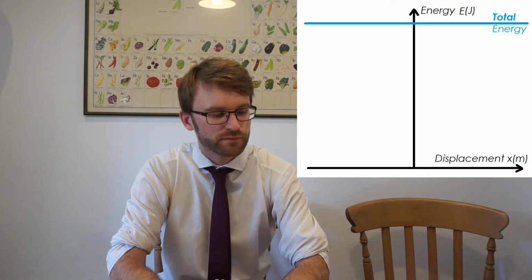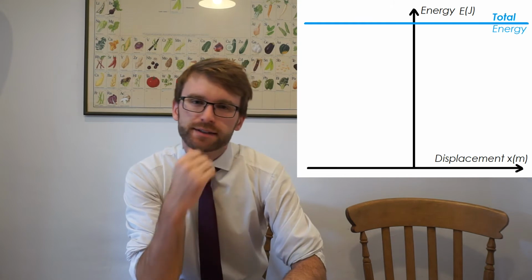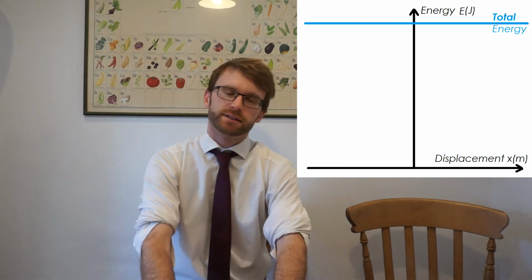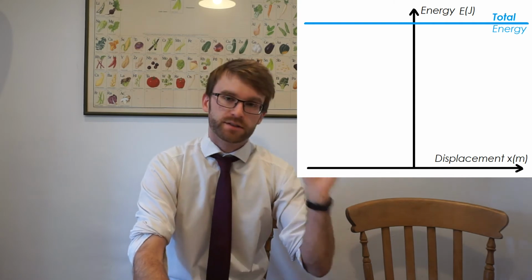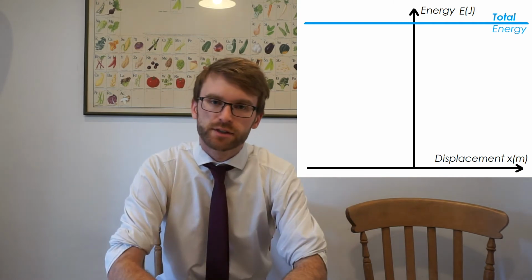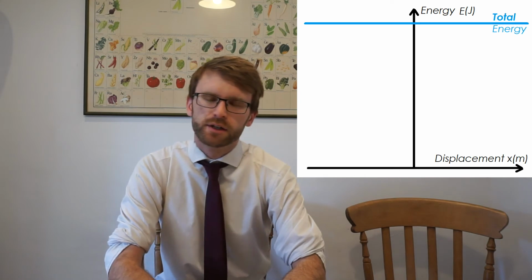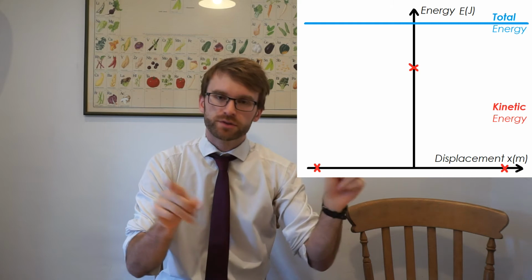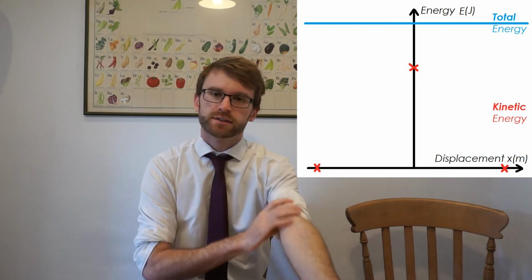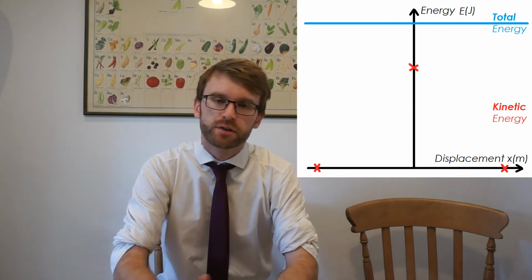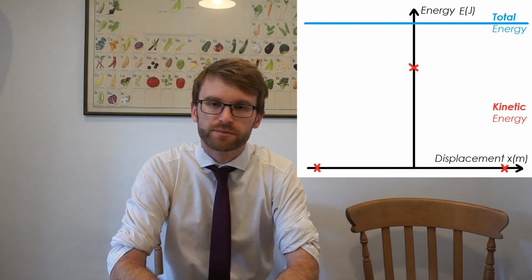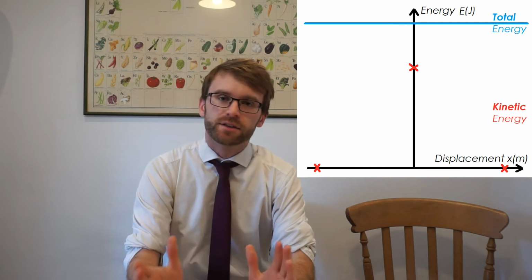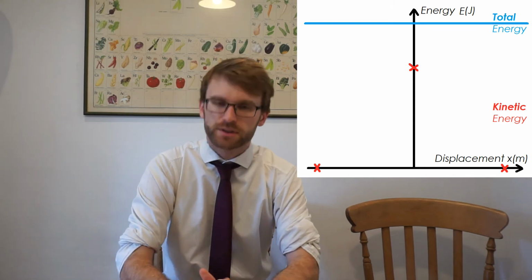Easy. Let's then think about the kinetic energy, because that's probably the easiest one to consider. The kinetic energy of an oscillator, we know, is 0 at its extremes because its velocity is 0. So we can mark on the amplitude of our oscillator just with a little cross on the 0 crossing of the energy axis, because that's where it's going to have 0 kinetic energy. We know also that the kinetic energy is maximum in the middle at the equilibrium position.